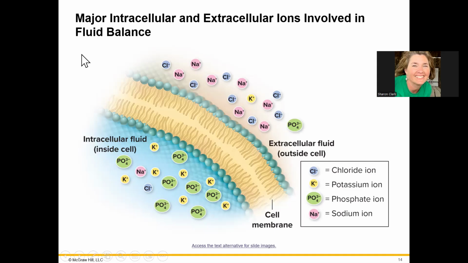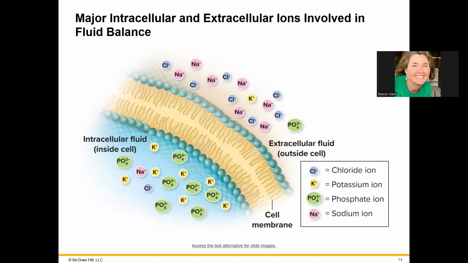The majority of your body water is within your cells. About 2/3 of your body water is inside the cells within these fluid compartments, and the extracellular fluid is the watery portion of the blood. And it's a fine balance.